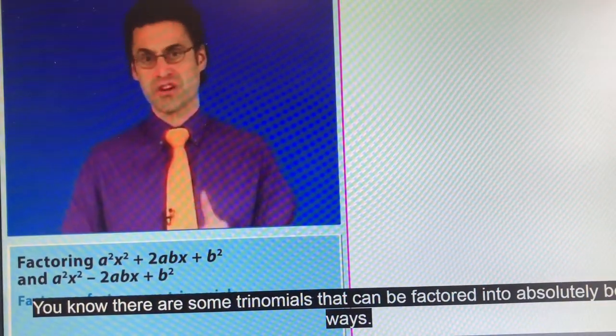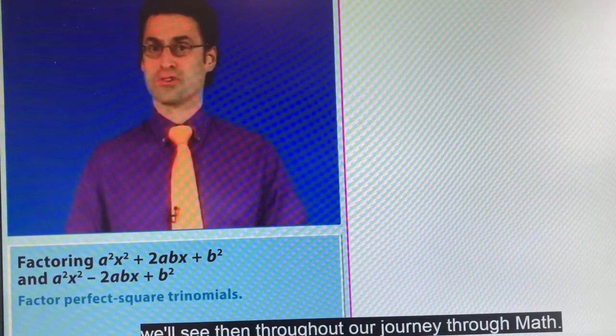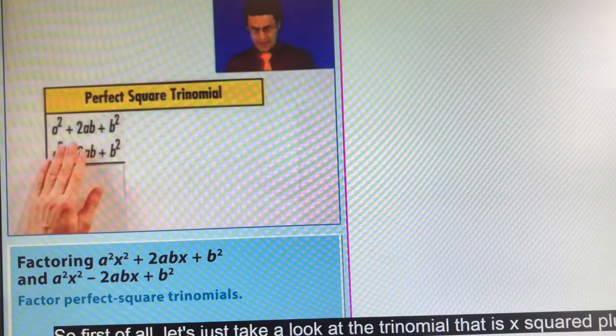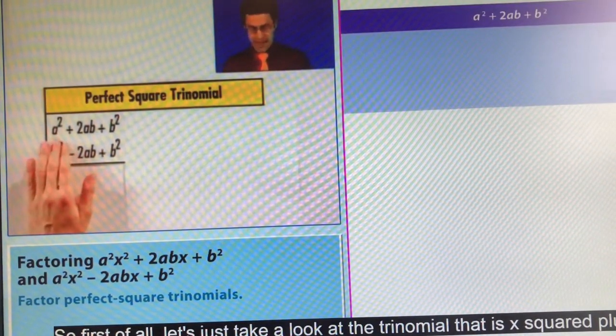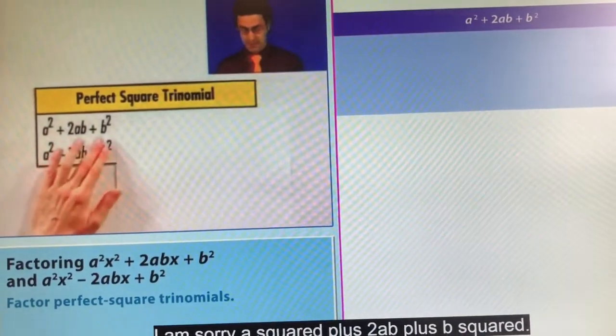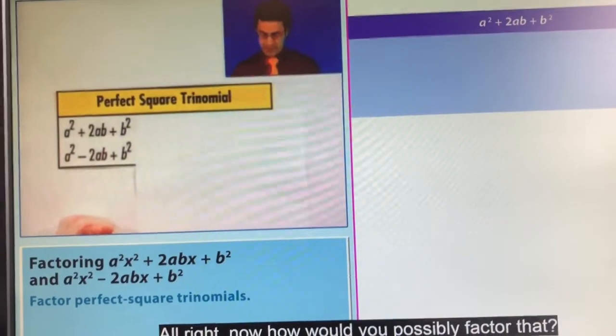Beautiful ways. I want to share a couple of them with you because they're pretty cool, very important, and we'll see them throughout our journey through math. So first of all, let's just take a look at the trinomial that is a squared plus 2ab plus b squared. All right, now how would you possibly factor that?